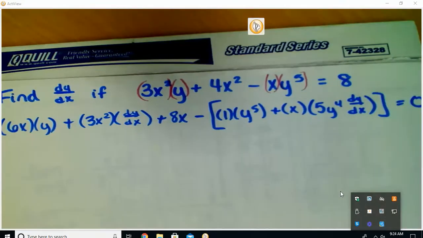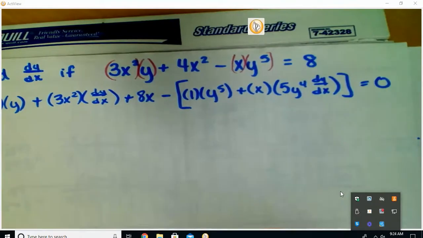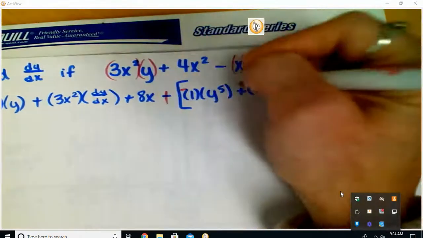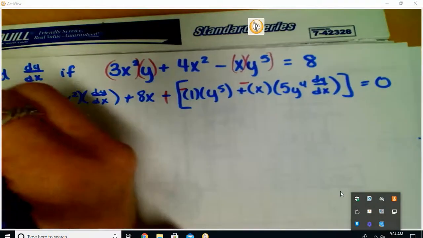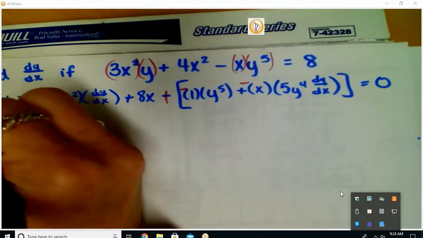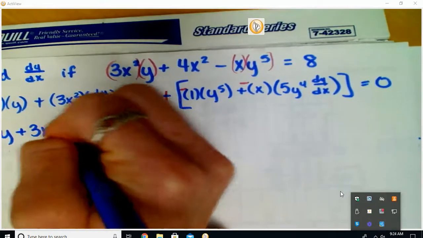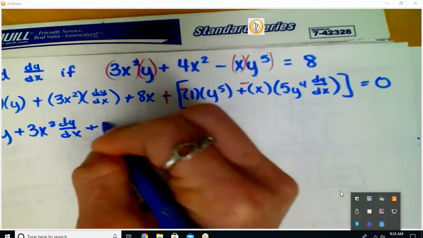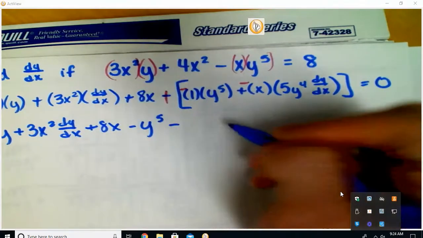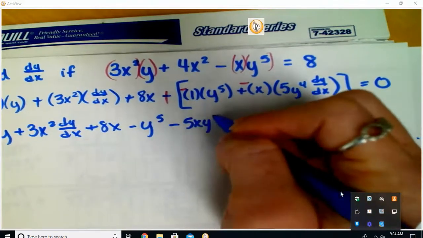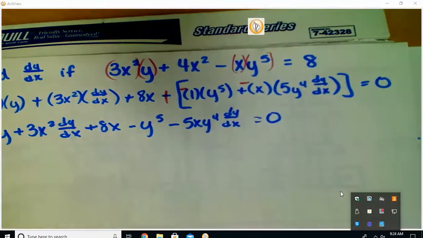So, first thing, that negative, you have to take it to both of those terms. We end up subtracting them both off. So I have a 6xy, 3x squared dy/dx, an 8x, a negative y to the fifth, a negative 5xy to the fourth dy/dx equals 0.